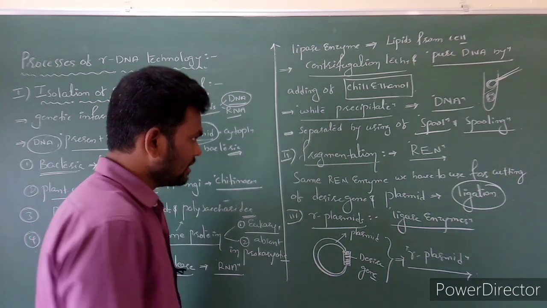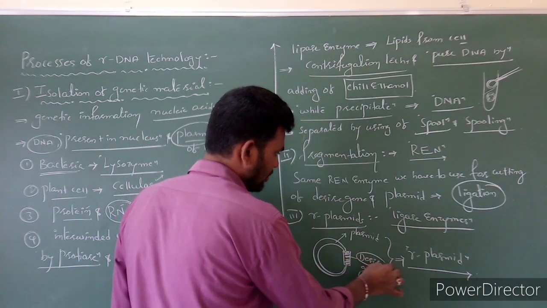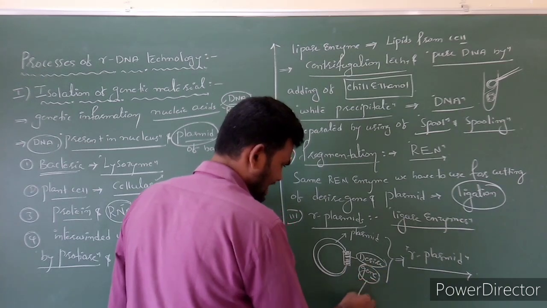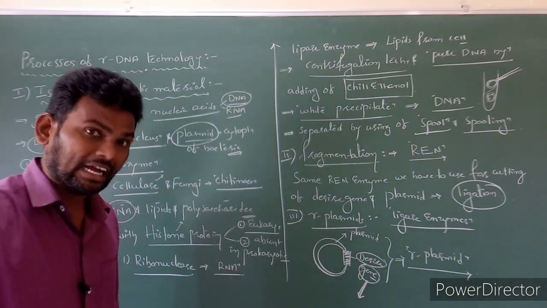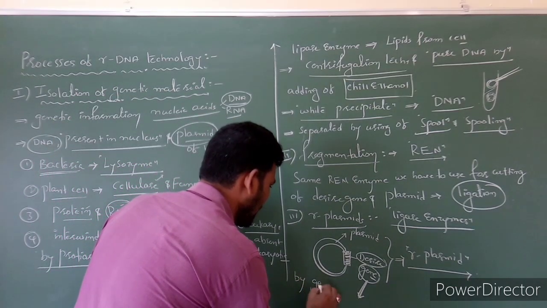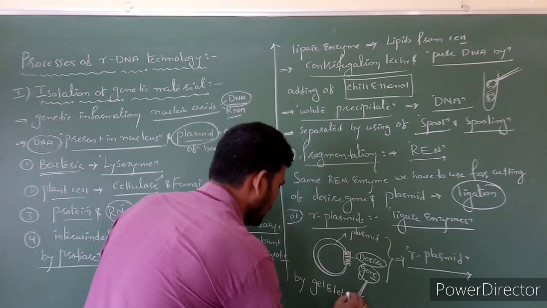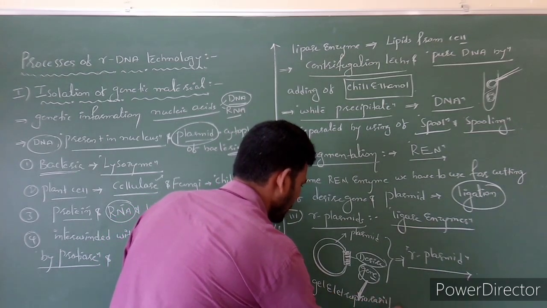Okay, and how do we separate this desired gene? These desired genes, nothing but these fragments, are separated or isolated by gel electrophoresis.